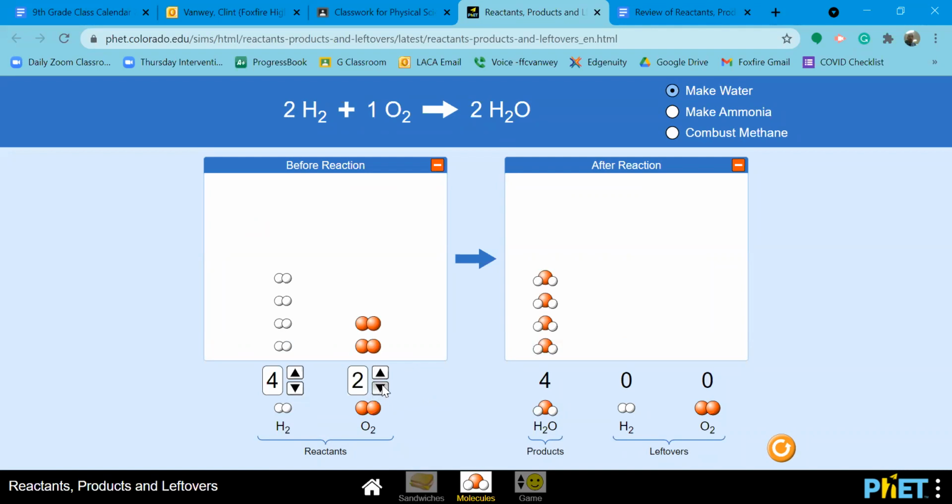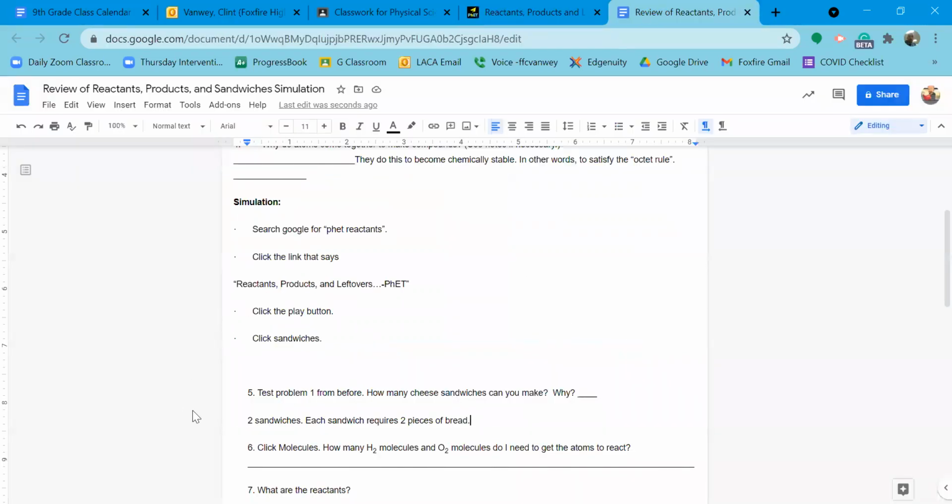Oh, look, I need 2 molecules of H2 and 1 molecule of O2. Okay, 2 H2 plus 1 O2 for it to react. If I have less hydrogen, it won't react. It won't give me any H2O. Okay, so that's my answer.